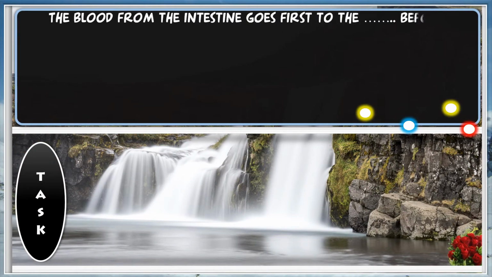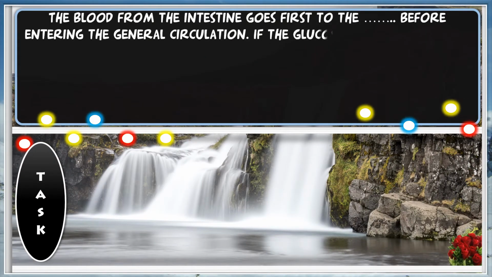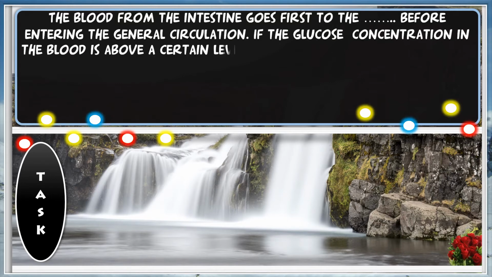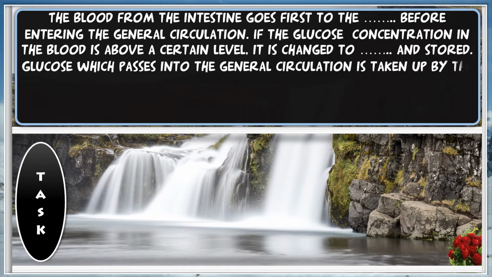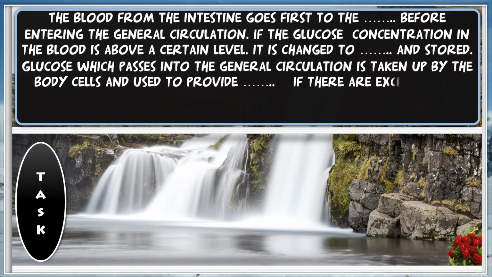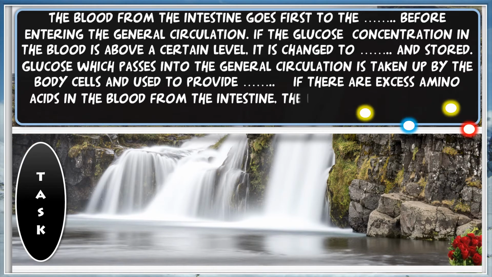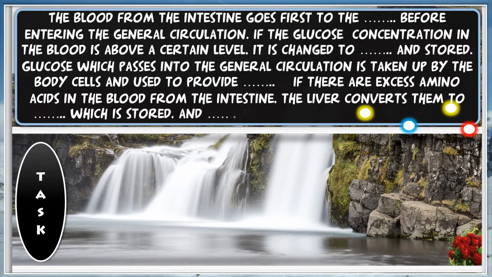The blood from the intestine goes first to the dash before entering the general circulation. If the glucose concentration in the blood is above a certain level, it is changed to dash and stored.